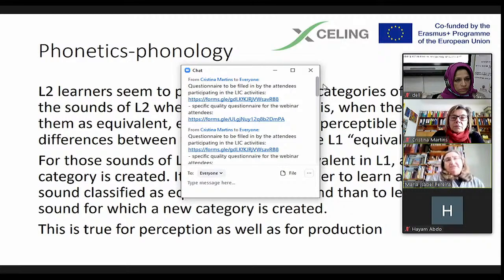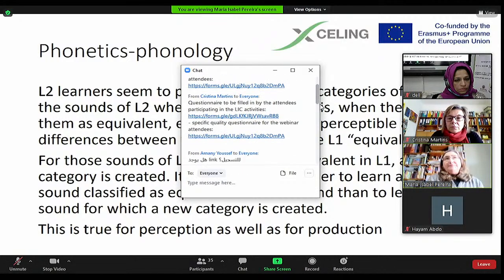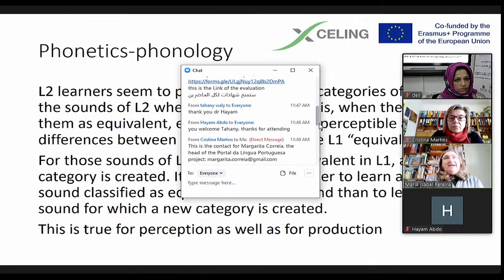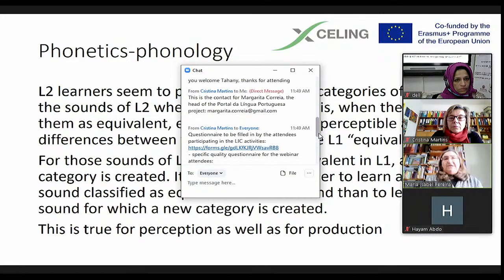When the sound is equivalent, it is perceived and produced in a way that is quite similar to the sound of L1.